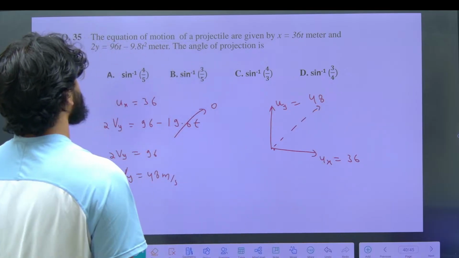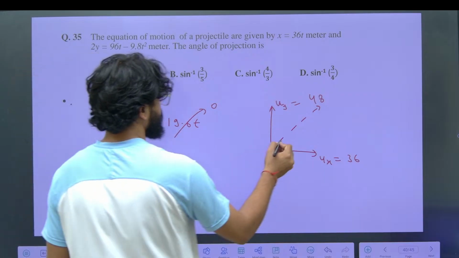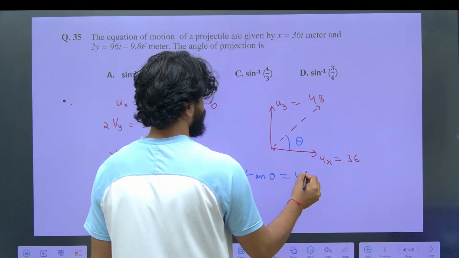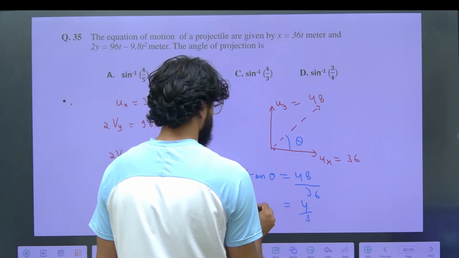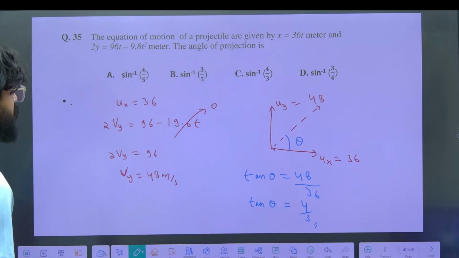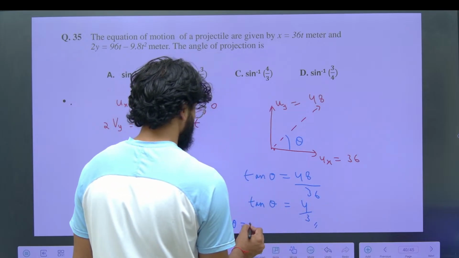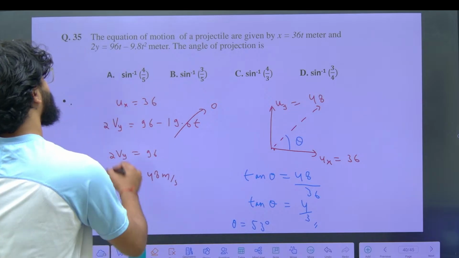Okay. So the angle of projection is, what is this angle of projection? So can we write tan theta equals to 48 upon 36, which is 4 by 3. Okay. So tan theta is 4 by 3. It means theta is 53 degree. If theta is 53 degree, then it will be Agra.